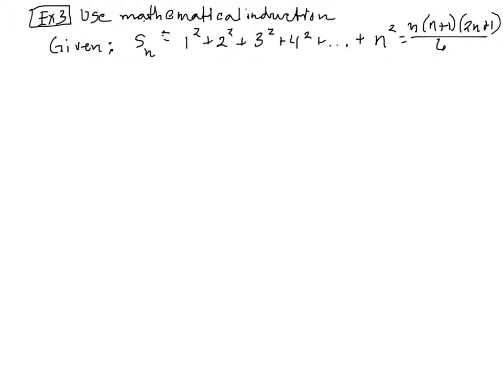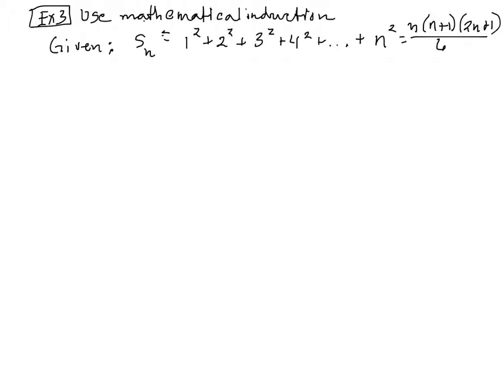Essentially what you're just proving is a sum formula for an infinite series that has the rule of n squared. We're proving that that rule works for the next term.